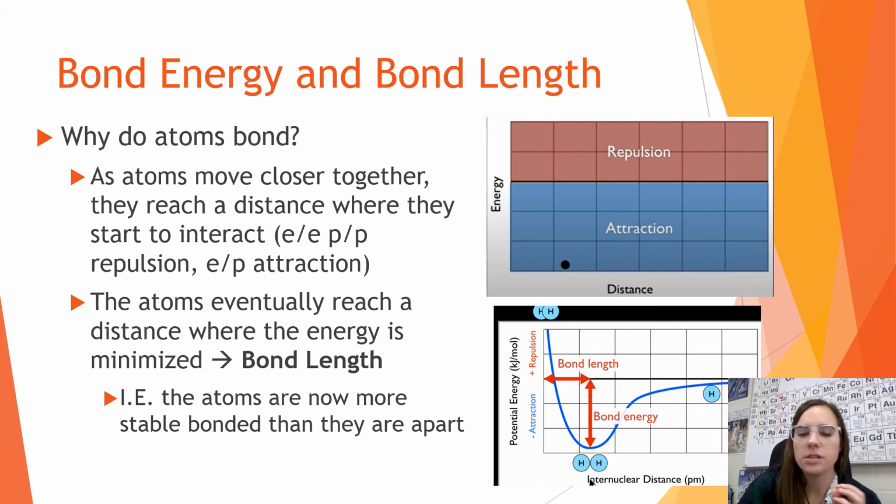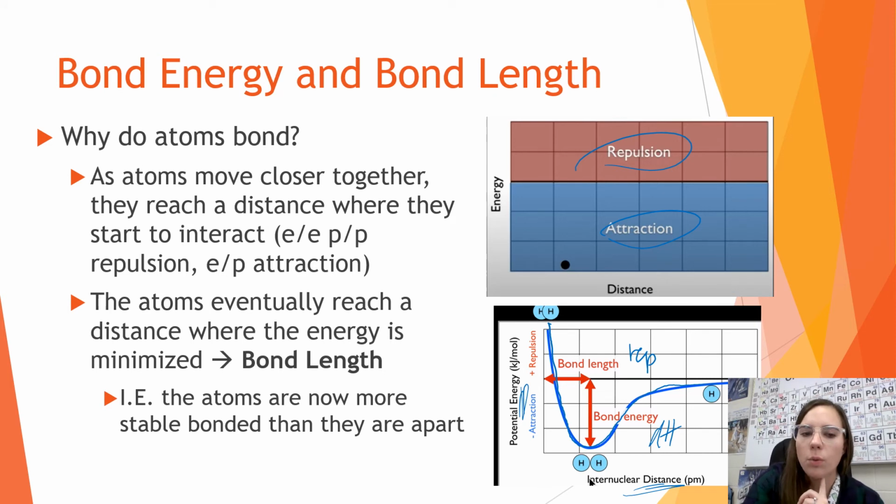Their electrons are going to repel each other, and their protons are going to repel each other. So what happens as they get closer is they start to attract each other, but then if they get too close, they're going to repel each other, which is, you see down here, we have attraction, and then up here we have repulsion. This is a graph of the energy and then the distance.